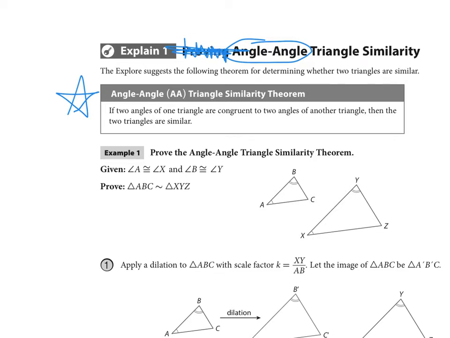And I think you can see that because we know that our triangles are always going to add up to 180 degrees for all three angles put together in any one triangle, if two of them are the same, then that's going to force the third one to be the same automatically. So anytime we have three angles congruent, pairs of angles congruent, we can conclude similarity. So we're going to go ahead and just skip to the next page, page 613, and apply that next.